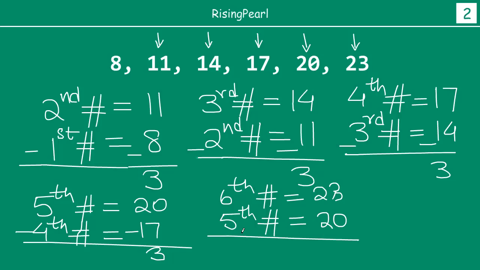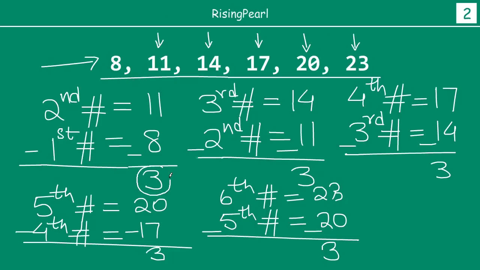If we subtract that, 23 minus 20 is 3. So what is really going on with this series of numbers? What is unique is that if we take any of these numbers and subtract the immediate previous number from it, we get 3.